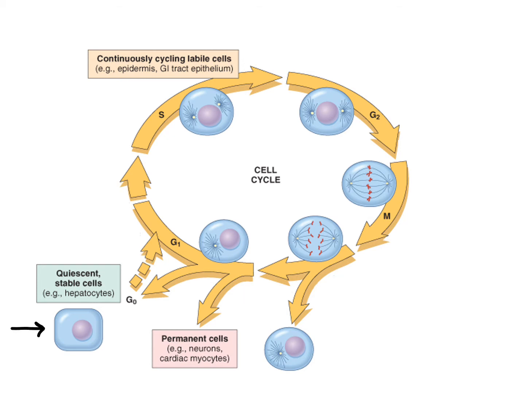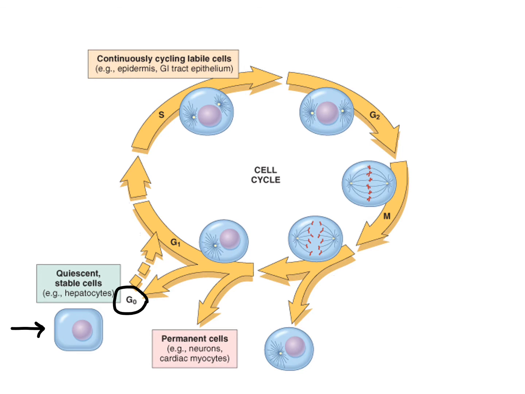In stable tissues or quiescent tissues, like the liver, kidney, pancreas, these cells normally aren't in the cell cycle. They are mature and they are in a state or a phase of the cell cycle called G0. It's not really a phase of the cell cycle itself, but it's a resting phase that's outside the cell cycle.